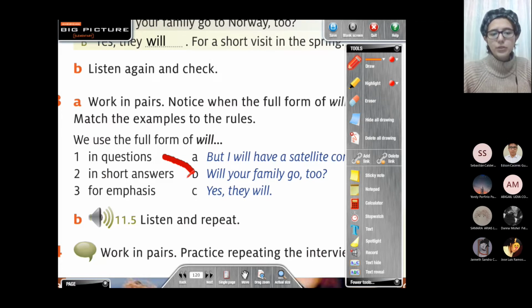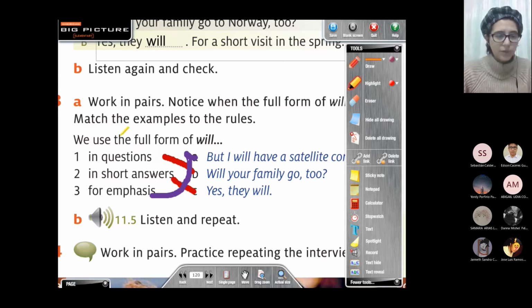Which one is a short answer? Yes, they will. And for emphasis? But I will have a satellite connection. Yes, so those are the three options where we're going to use the full form of will.